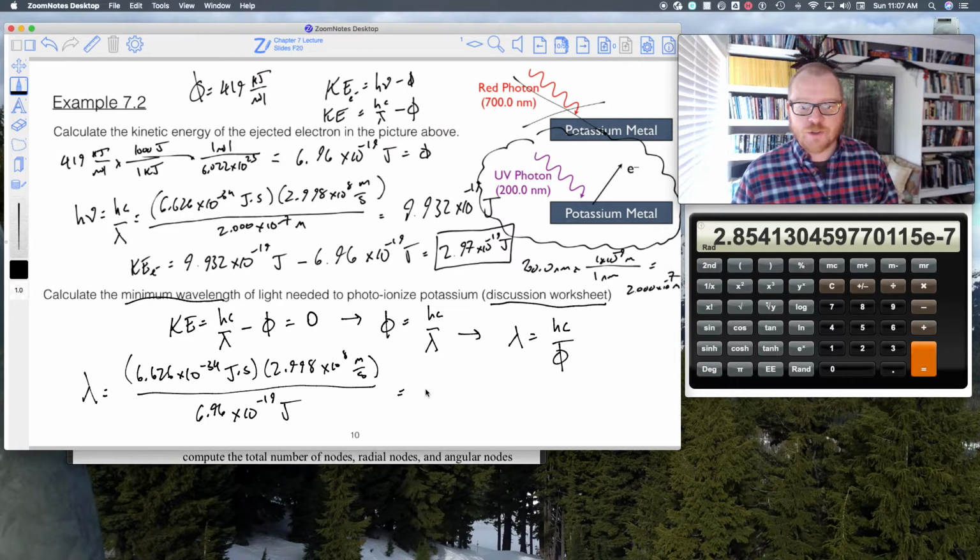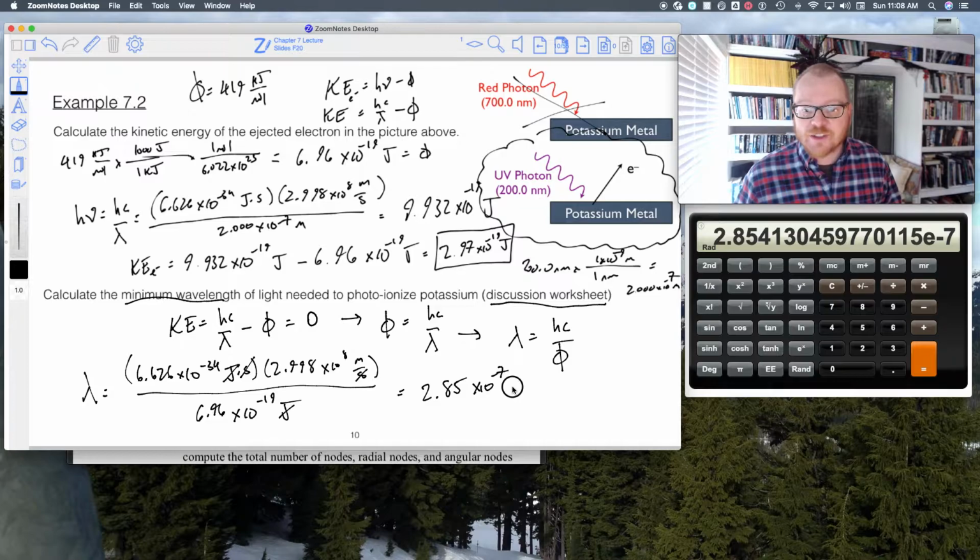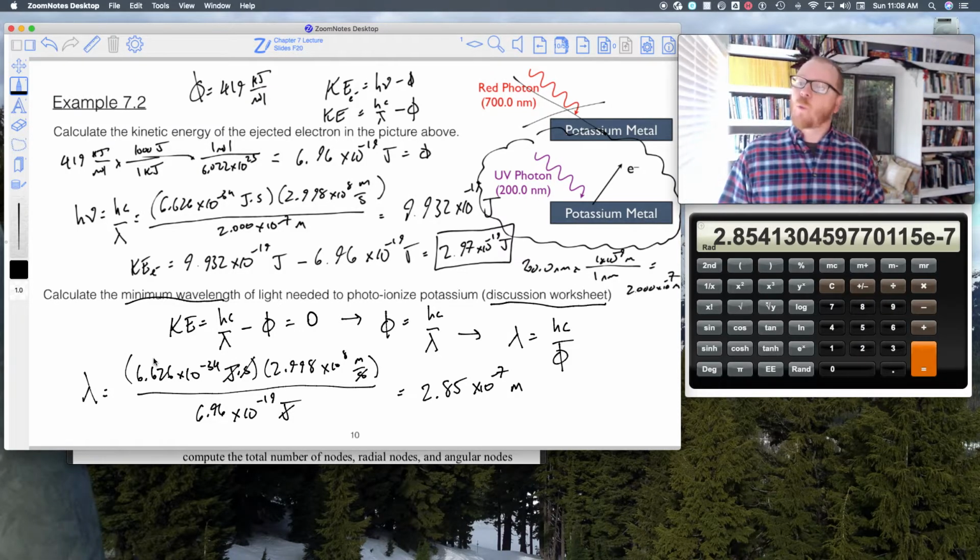And that gives me, we'll just say 3 sig figs, 2.85 times 10 to the minus 7, and let's check out the units. Seconds and seconds cancel, joules and joules cancel, and now that's units of meters. It didn't say what unit to convert it to, but when in doubt, converting to nanometers is always a good thing, so we can see what region of the spectrum we're in.